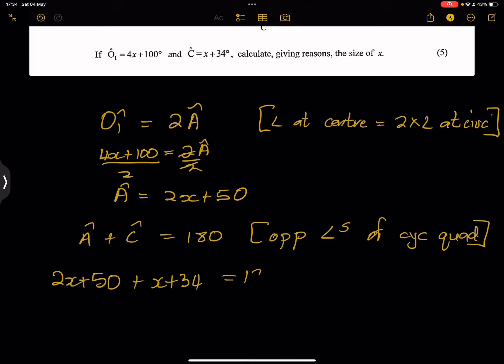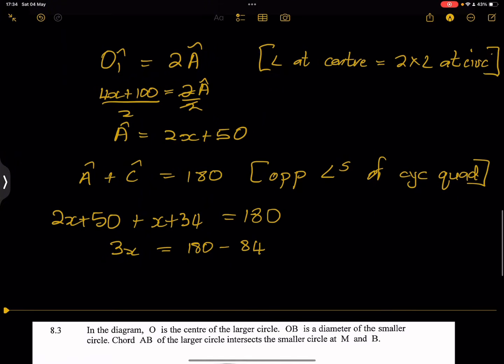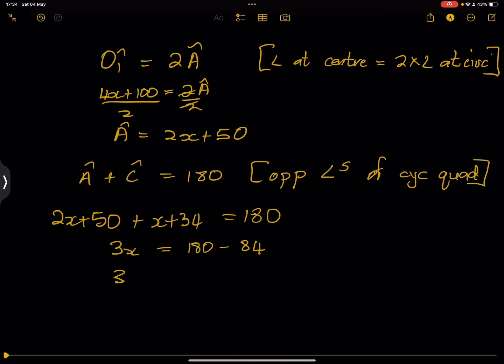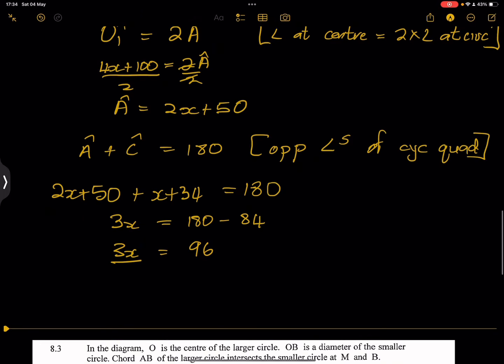This is equal to 180. So that means 3x plus 84 equals 180, so 3x is equal to 180 minus 84, and so 3x is equal to 96 degrees. And of course, ladies and gents, we can divide both sides by 3. And so the value of x would be 32 degrees.